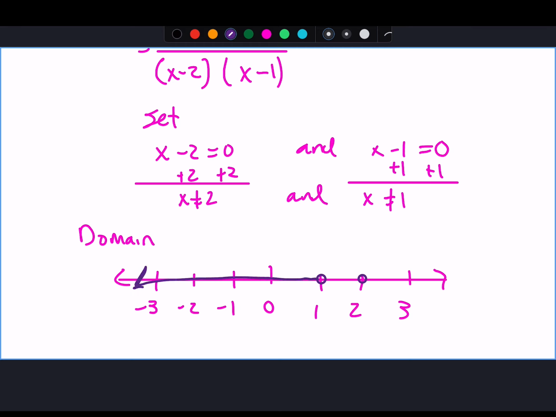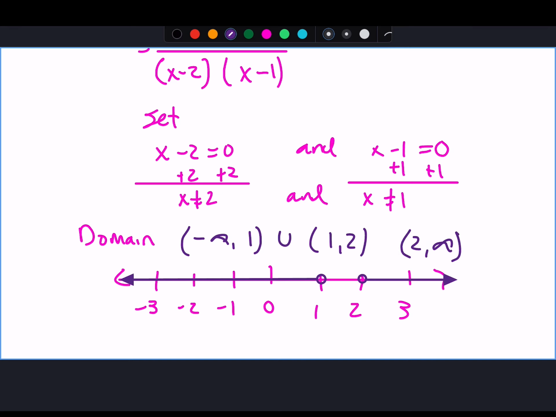So we go from -infinity to 1. And then we go from 1 to 2. And then from 2 and beyond, 2 to infinity.